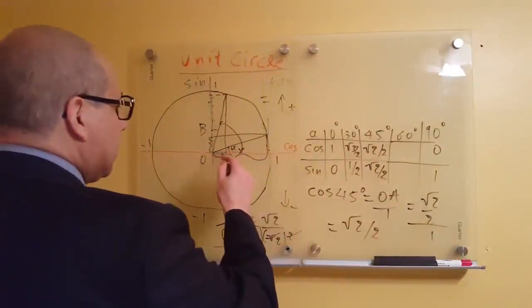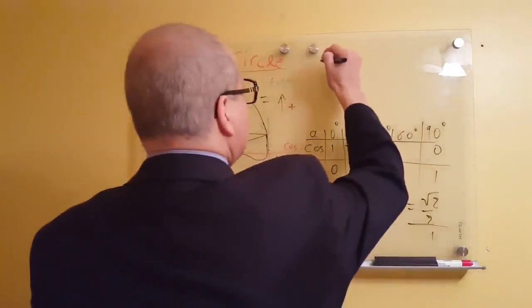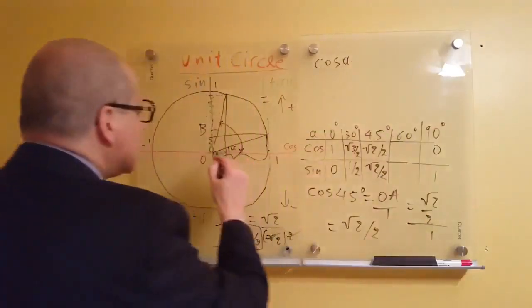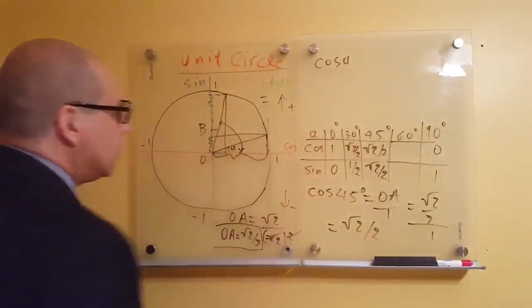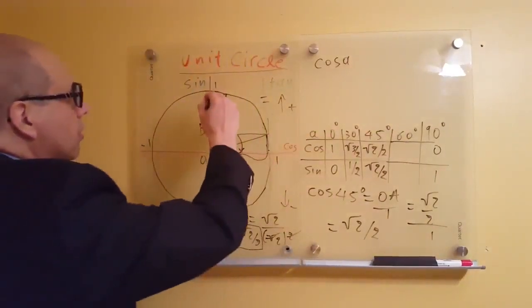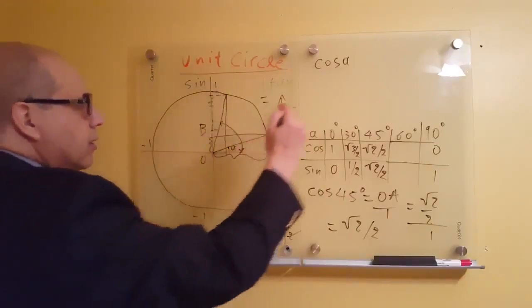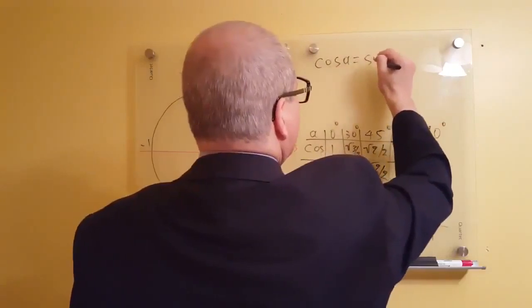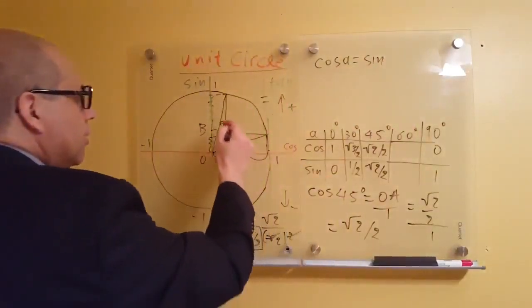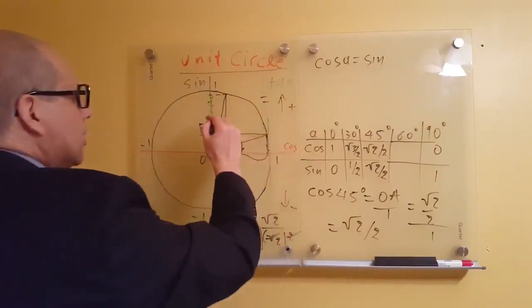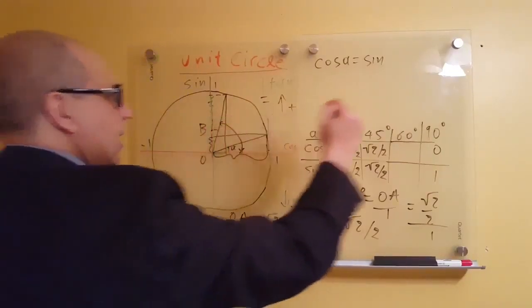If you see, you have that, let's say this here, which is the cos of A, which is this segment here from here to here, it's equal with this here, which is what? This is the sine of this angle here. So how much is this angle here? Since we said that this is A, this angle here is 90 minus A.